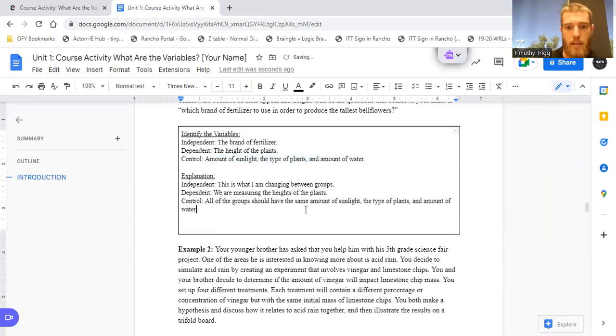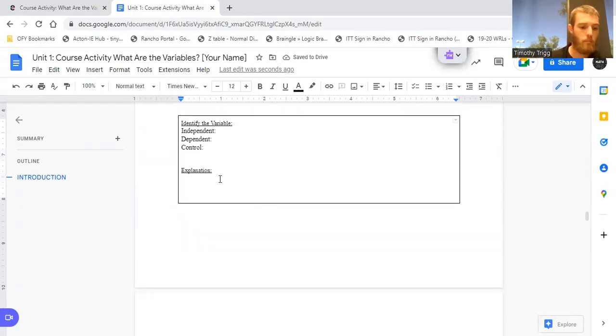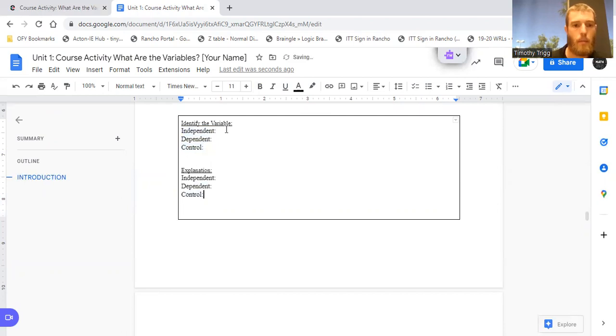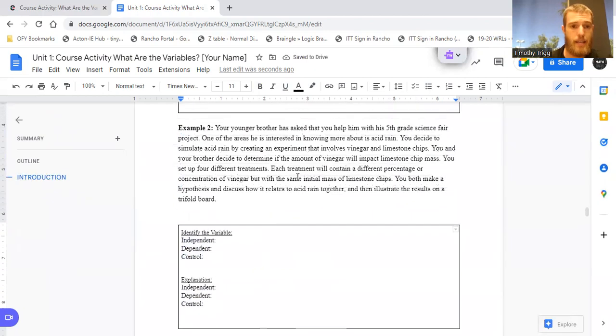Should have the same amount of sunlight, type of plant, and amount of water. There you go. Okay. All righty. Okay, let's go and look at this second example.